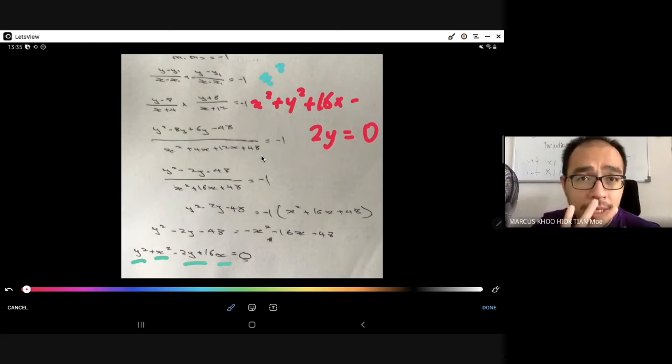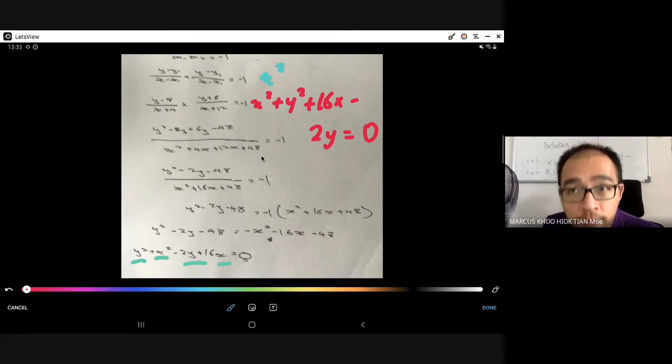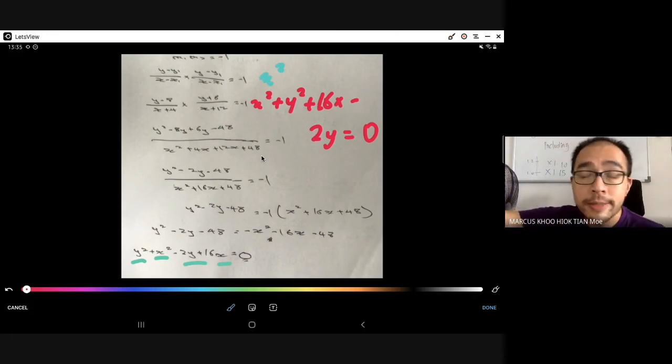It's just a matter of arrangement and a personal preference. But you will find that a lot of books and even marking schemes will arrange it that way. All the squares in front and then the non-squares and then the numbers, and the x's come first and then the y.